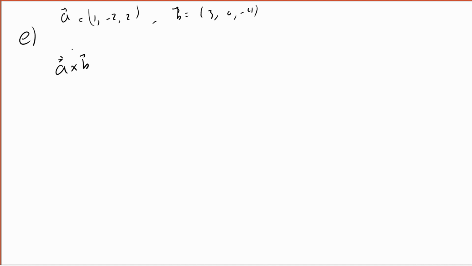So to compute the cross product, we just set this up like usual. i, j, k, 1, minus 2, 2, 3, 0, minus 4.